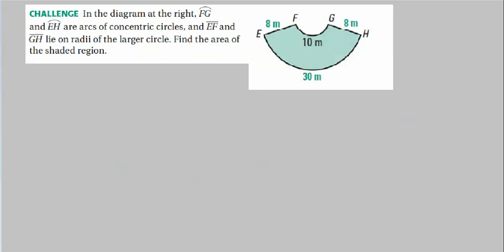Now this one looks a little tough, but it's not that bad. What you have to remember is that arc lengths move along with the radius. In other words, if you double the radius, you double the arc length. Well, what do we got here? We have the same angle. These two sides, they tell us, are radii of the larger circle.